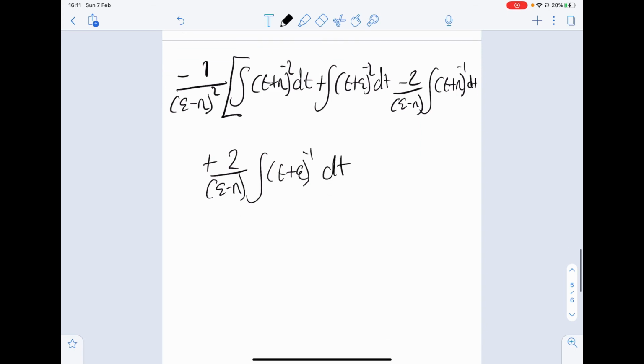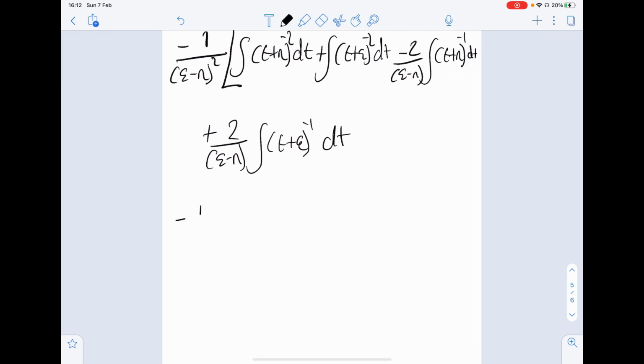Now this is quite trivial integration that we probably did when we were about 16, 17. So we're going to simply integrate all this.